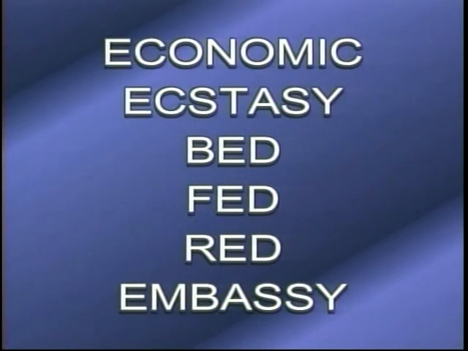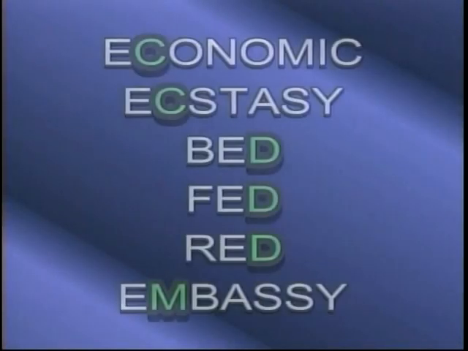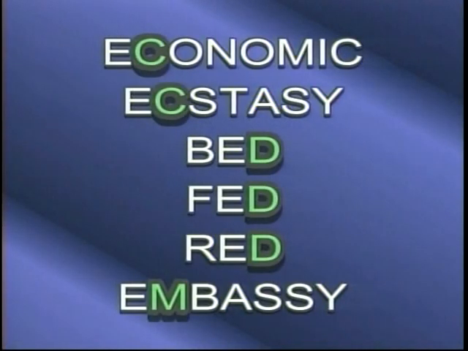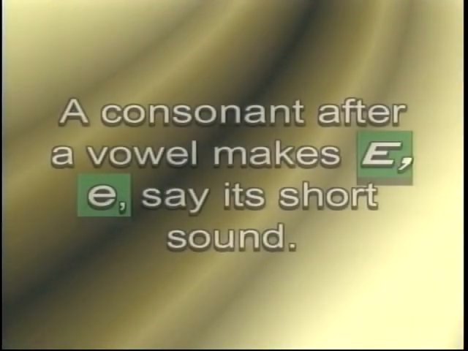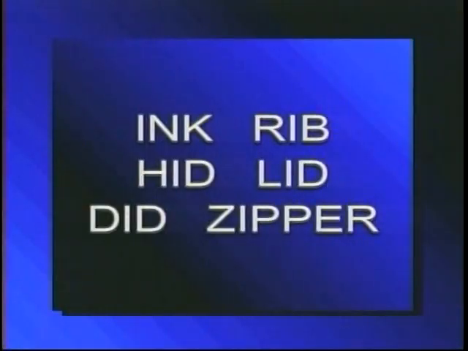Economic, ecstasy, bed, fed, red, embassy. Which letters are trapping or closing in the E so it can't get out? Right. The consonants C, D, and M. A consonant after a vowel makes E say its short sound.